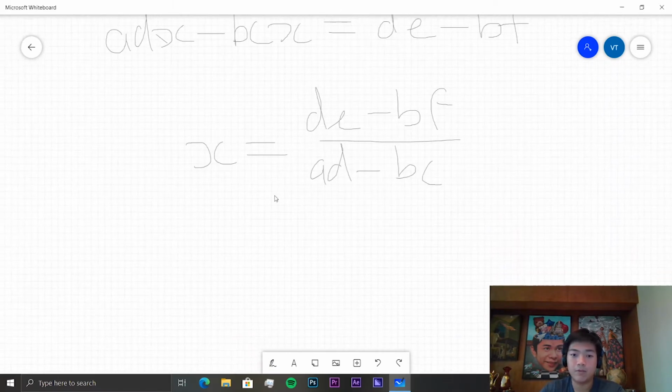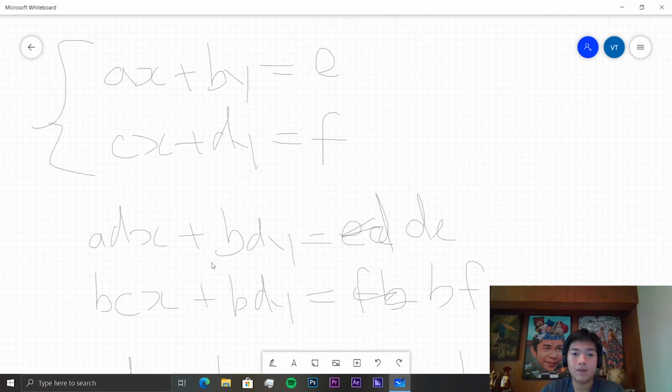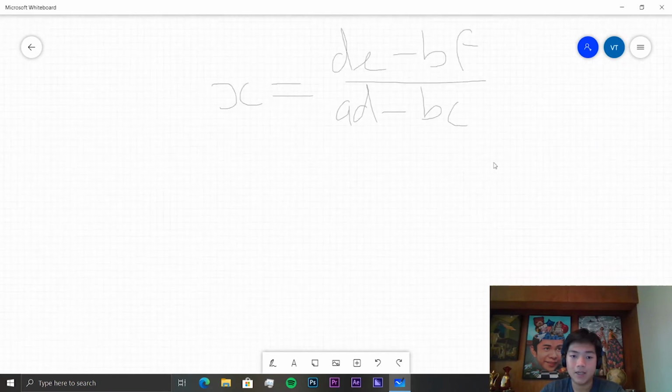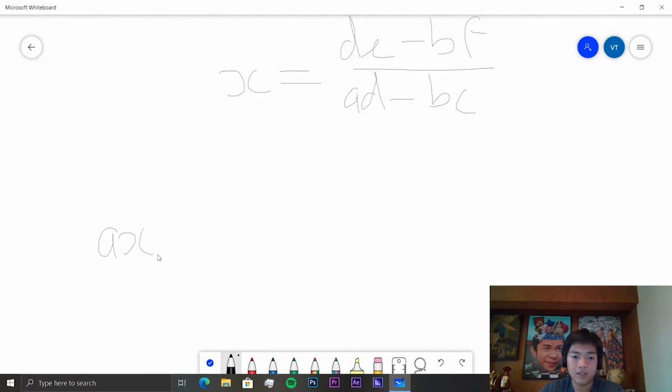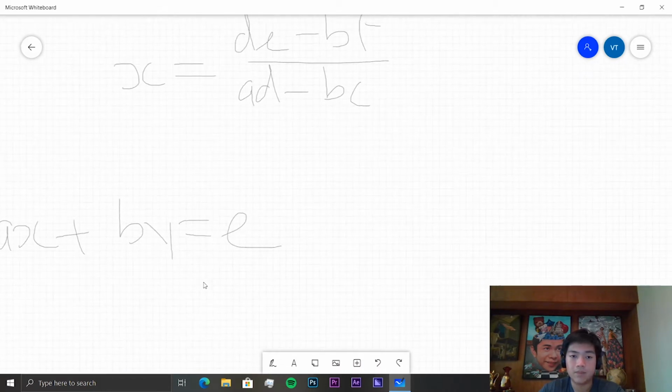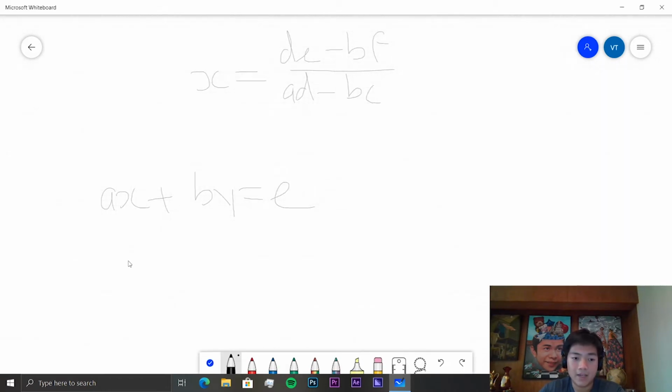If we go up here, we'll substitute it back into this equation: ax plus by is equal to e. So then we have a times (de minus bf) over ad minus bc, plus by is equal to e.